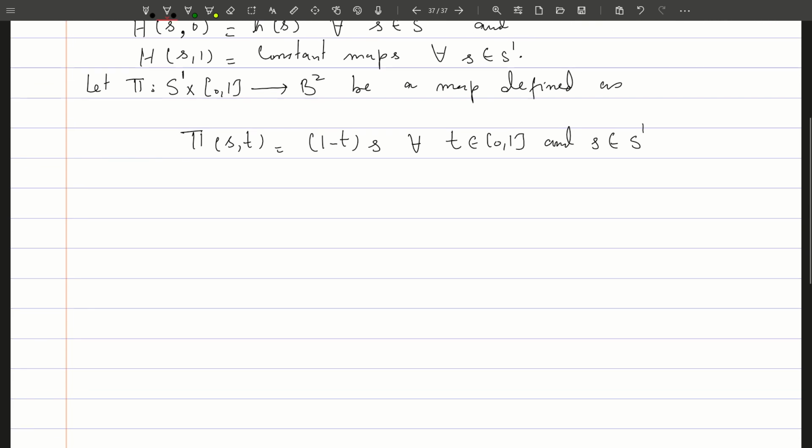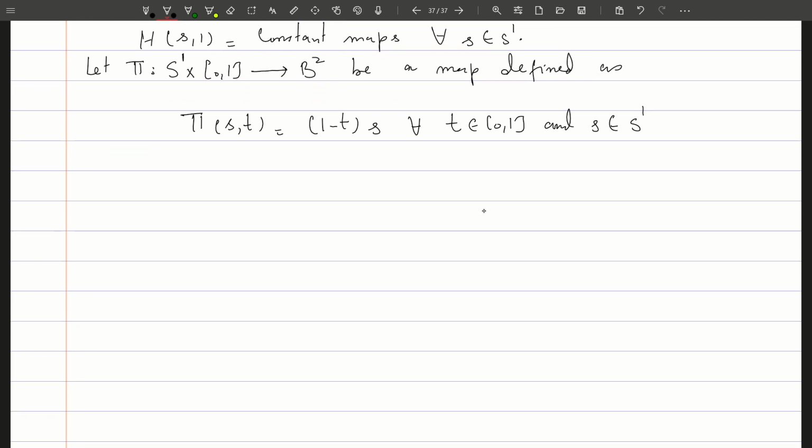So let us see what we are given. This S1 cross [0, 1] is actually a unit cylinder. We have this cylinder over here. The radius of the cylinder is 1 and the height of the cylinder is 1. Here we have a map pi from this cylinder to the unit disk.